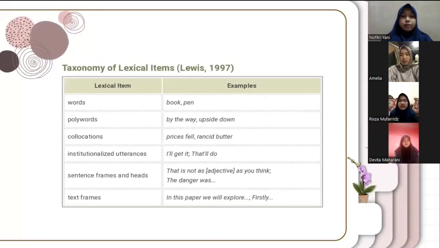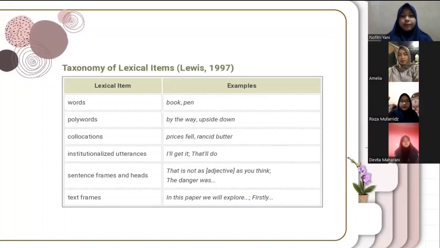And then the taxonomy of lexical items. Lexical items consist of words, for example, book, pen, and the second is polywords. Polywords are a linguistic phrase that acts like a single word, for example, by the way, upside down.